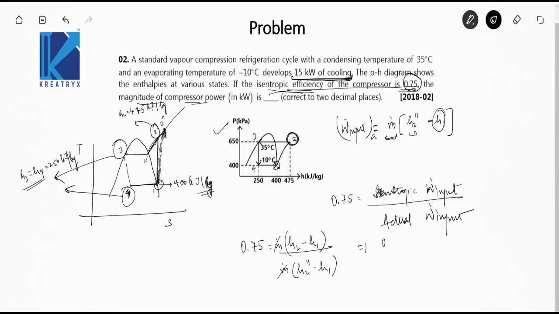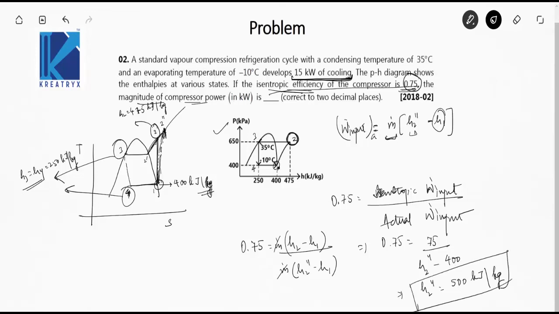So 0.75 equals (475 minus 400) upon (h2 double dash minus 400), the difference being 75. Solving it, h2 double dash is equal to 500 kilojoule per kilogram.